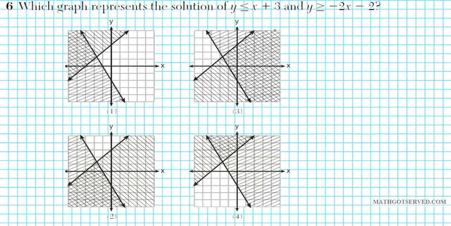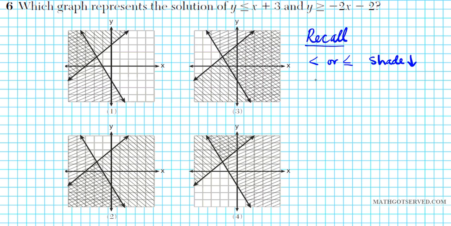So this question is basically assessing our ability to correctly shade a system of linear inequalities. That is what our primary focus will be on in determining the answer. Before we start, a real quick point to recall: whenever you have a less than or equal to inequality, you shade in the downward direction.